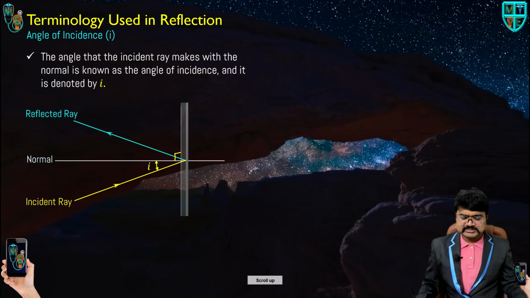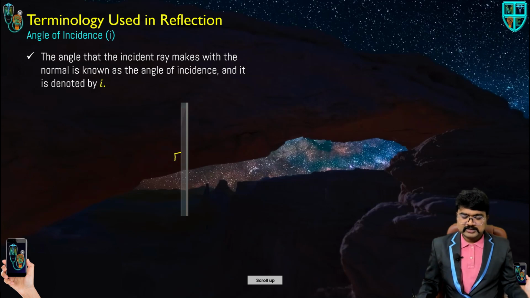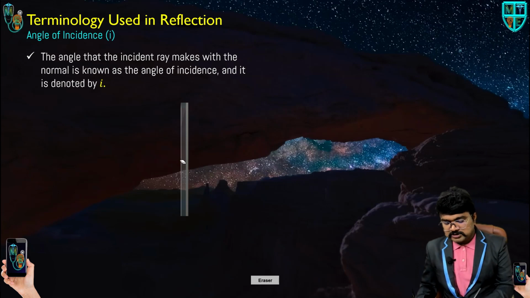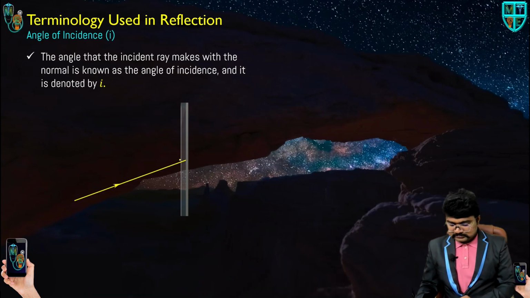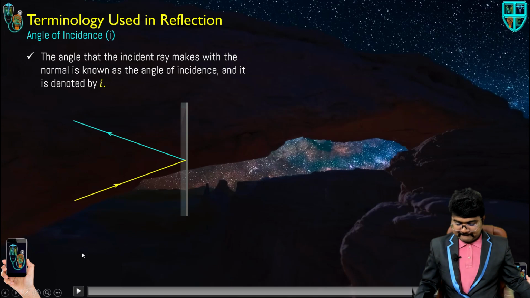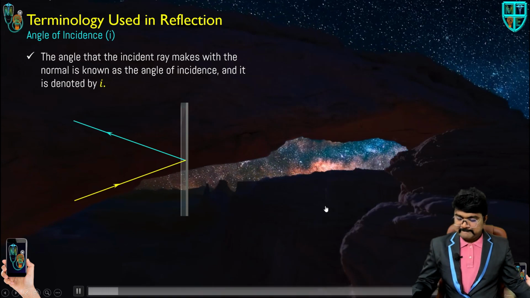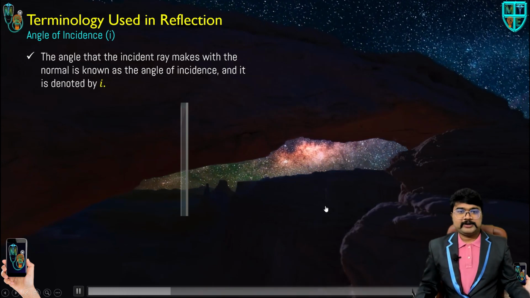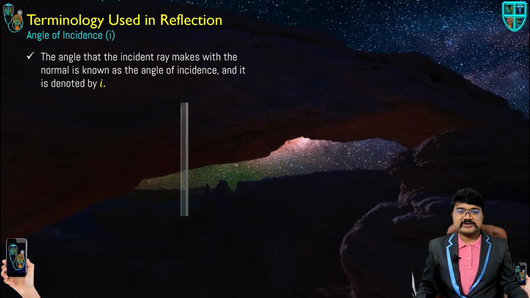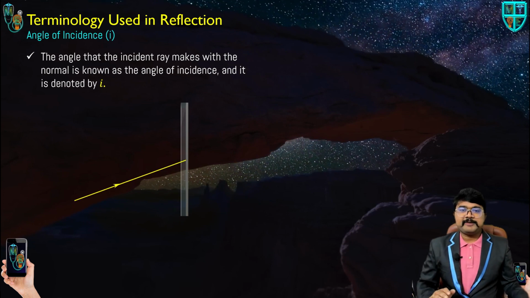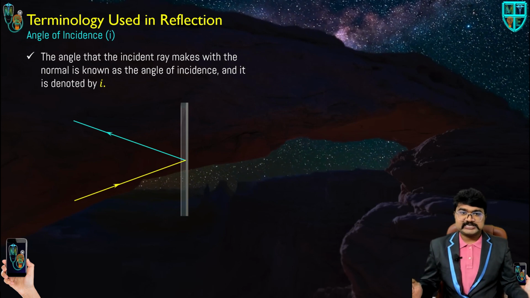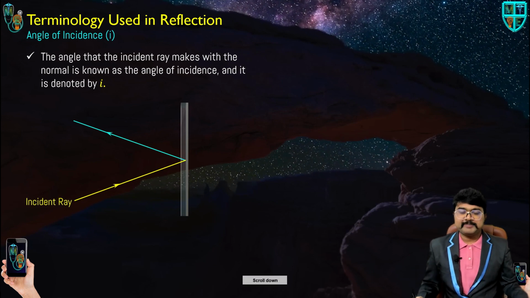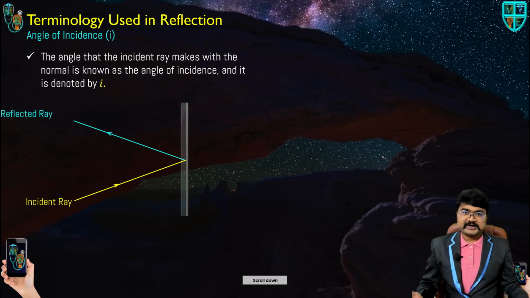I repeat this. This is the plane surface. The incident ray is incident on the plane surface and reflected back to the same medium. This is the reflected ray.